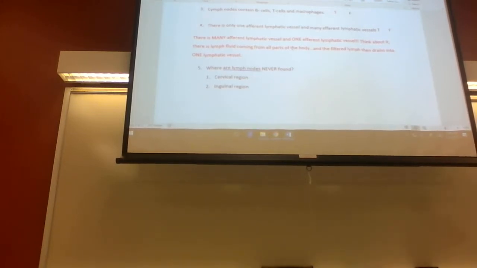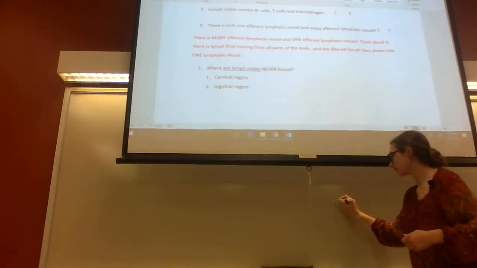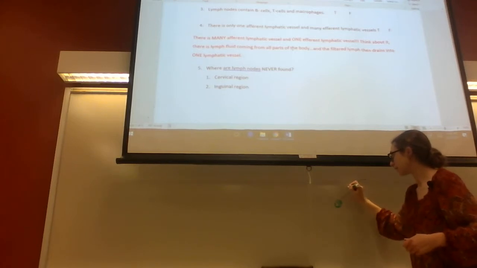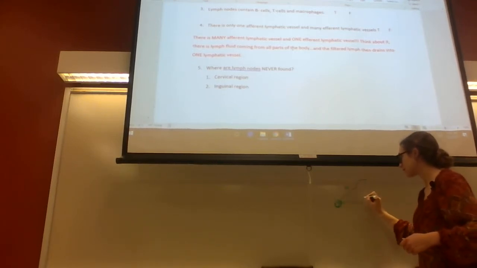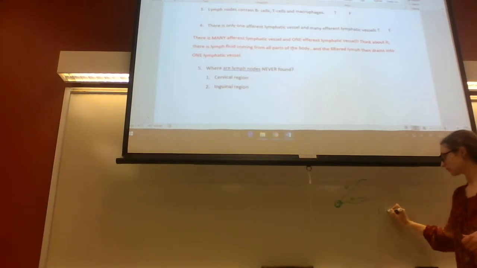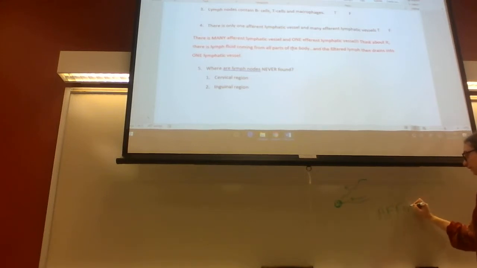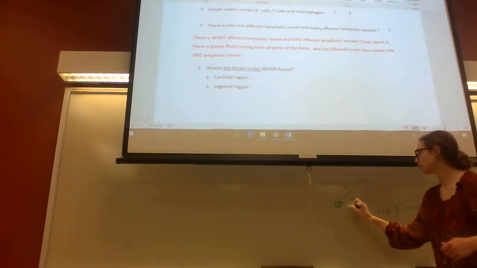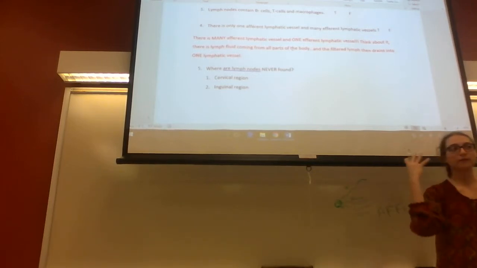This next one is reviewing the anatomy of the lymph vessel in relation to the lymph node. The statement says there is only one afferent lymphatic vessel and many efferent lymphatic vessels. This is false, because when you have your lymph node, you have many afferent vessels. Afferent, A-F-F-E-R-E-N-T, means it's flowing to the lymph node, because it's flowing from all over the body.